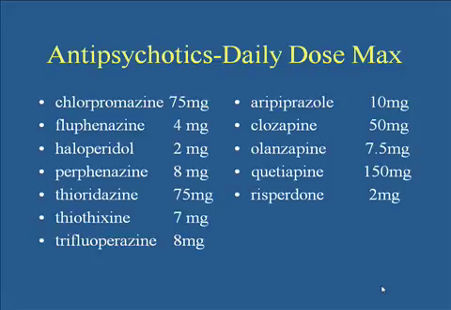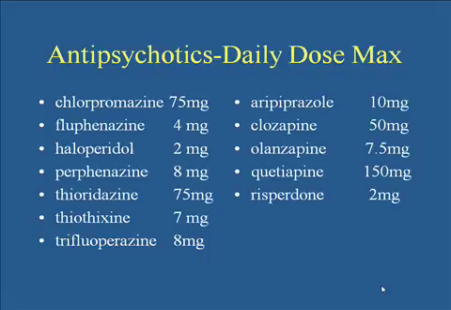Many of the side effects associated with this class of drugs are dose-related. So the regulations for some of the agents have very specific maximum daily doses that if we're going to exceed those, we're going to have some really good clinical reasoning in the chart to defend that. I've put the doses that are out there for commonly used antipsychotics.